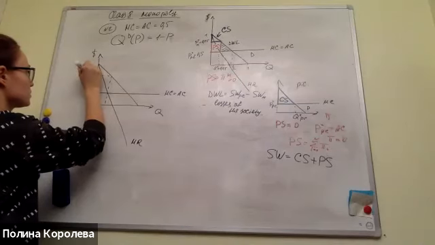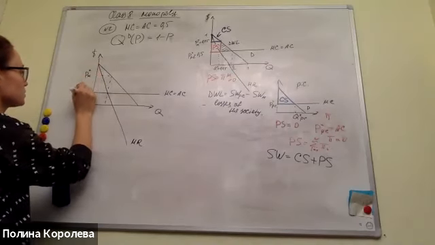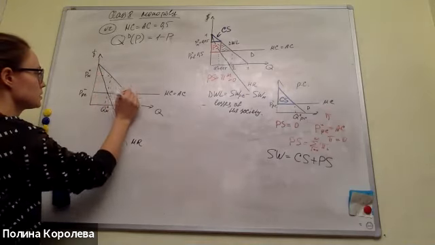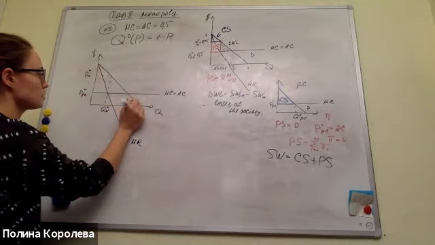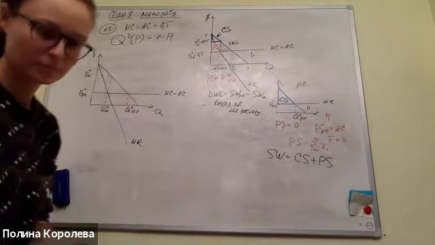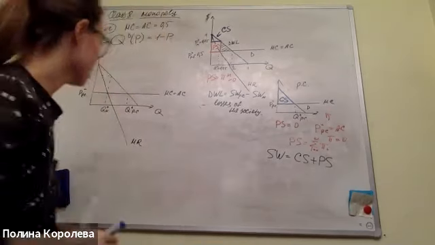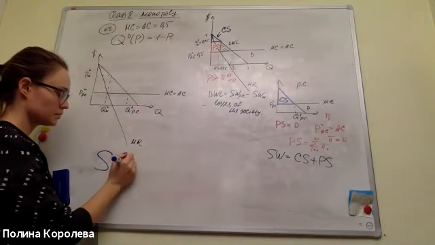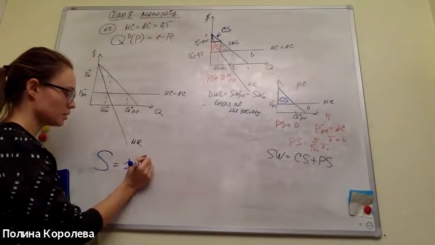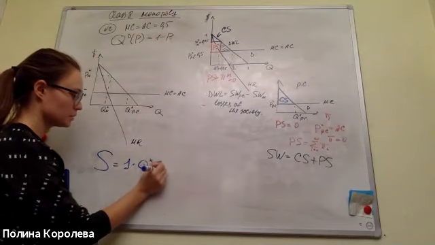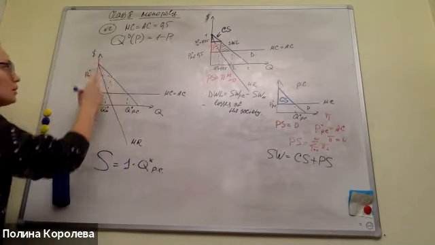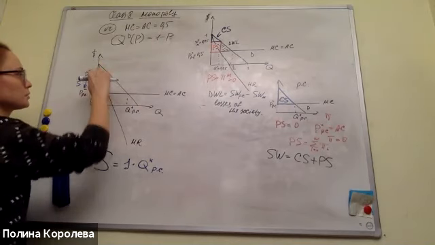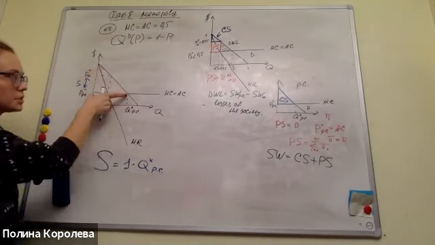Here quantity, here dollars. Here marginal cost equals average cost. This is the price of the monopolist. This is the price in perfect competition. This is the quantity for the monopolist. This is the quantity if we have perfect competition. When our government sets the subsidy, government spending on the subsidy will be the subsidy multiplied by the quantity that we will sell. The subsidy is this difference, multiplied by this quantity.